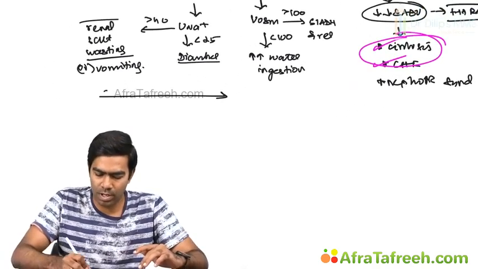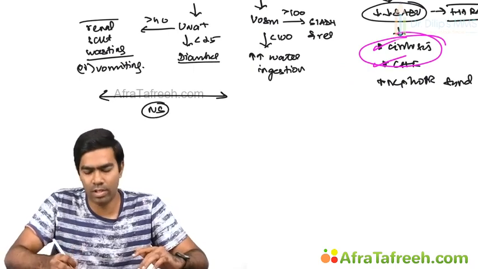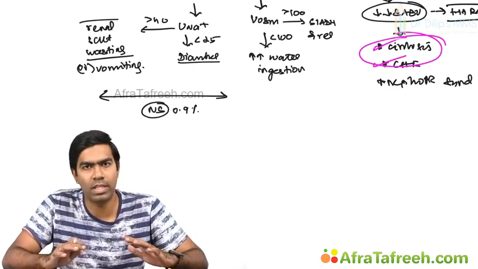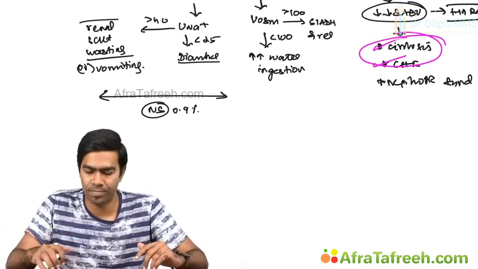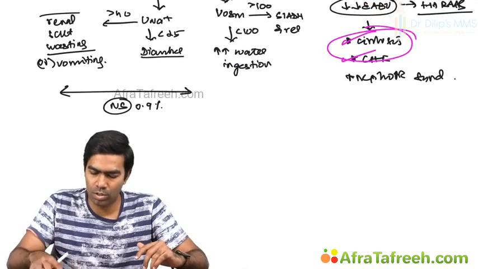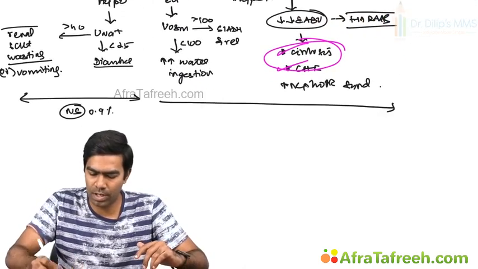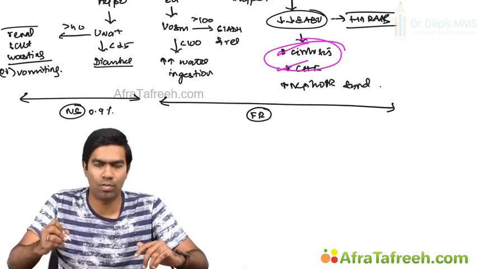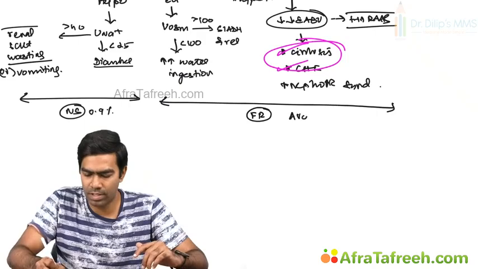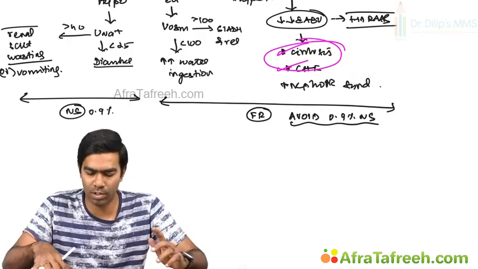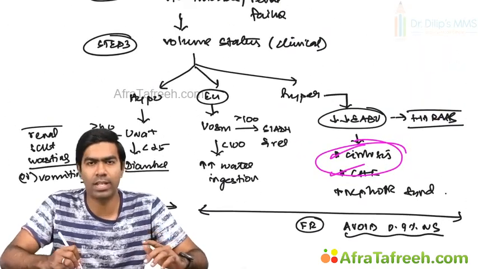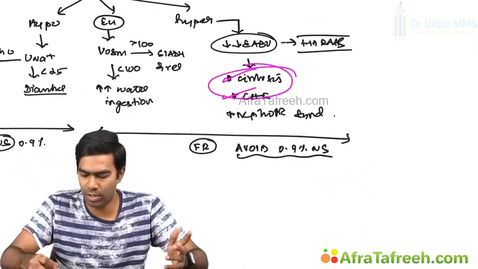In hypovolemic hyponatremia, isotonic normal saline, 0.9% NS, will be the best option, even though there is a risk of rapid correction of hyponatremia. The most important treatment option for euvolemic and hypervolemic hyponatremia is fluid restriction. In these patients, generally avoid 0.9% normal saline, because there is no need to expand the volume. In euvolemic cases total body sodium is normal, so there is no need for sodium excess or any volume.